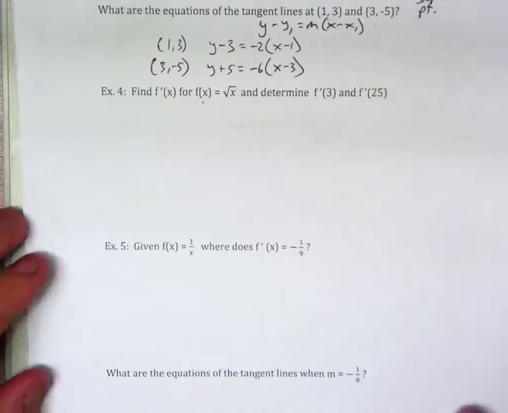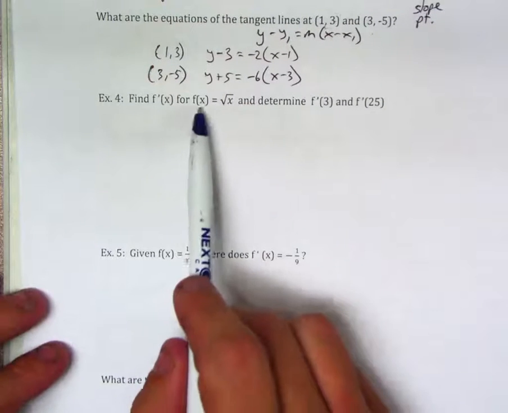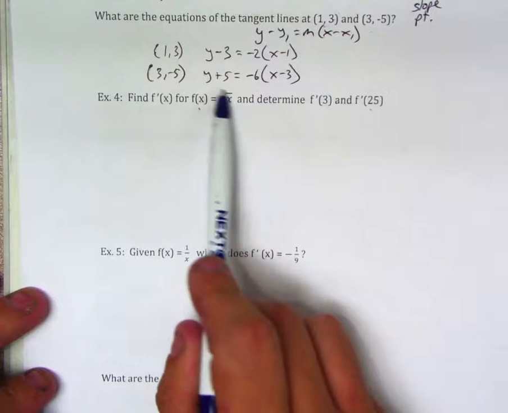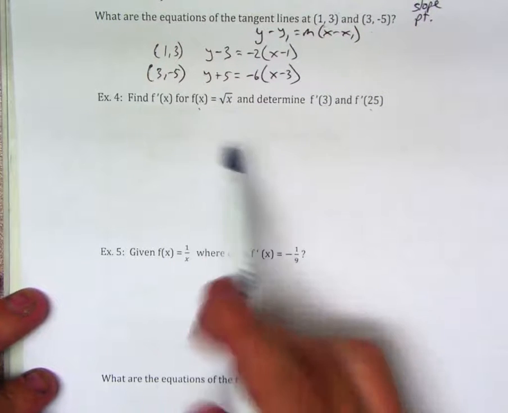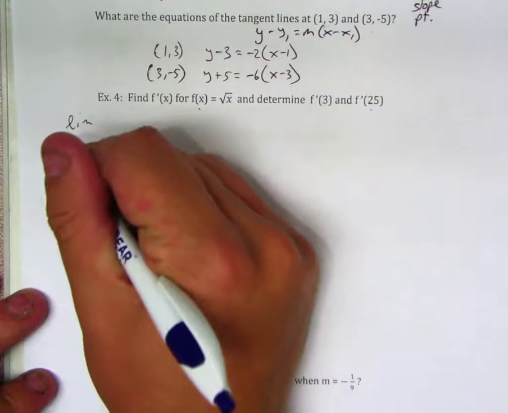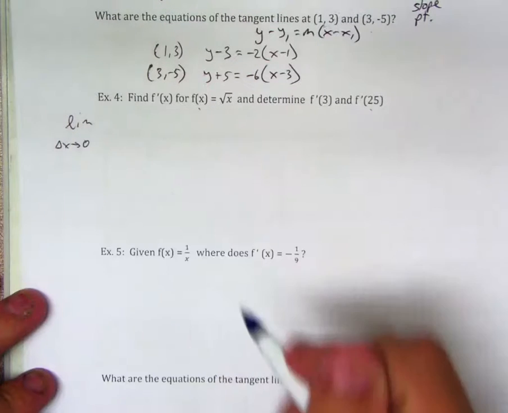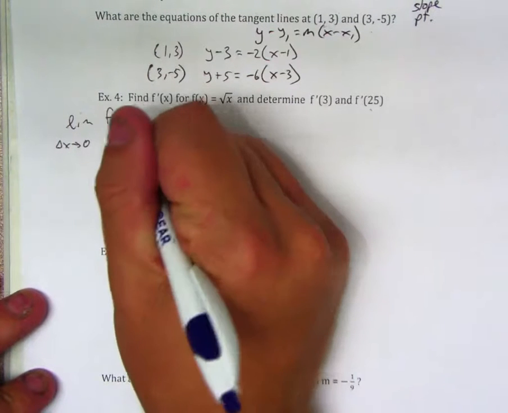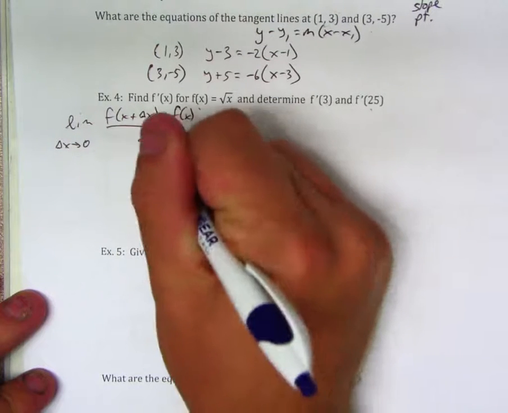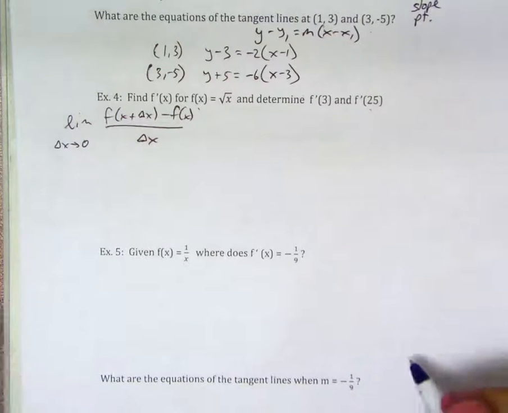So for example 4, find f prime of x for f of x equals square root of x. Determine f prime of 3 and f prime of 25. Well, let's find the derivative of this first. Let's find the derivative of the function. So we're going to have the limit as delta x approaches 0 of f of x plus delta x minus f of x over delta x. And now we're going to plug our stuff in.